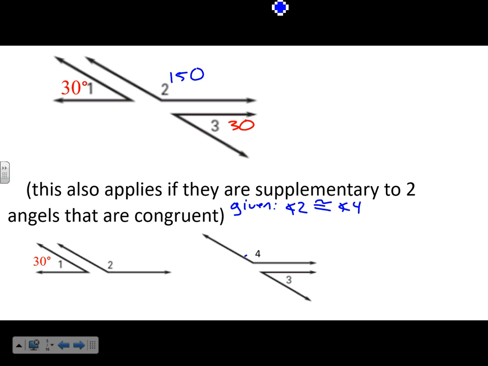So this angle and this angle are congruent. If angle 1 is 30, that means angle 2 has to be 150. Well, I told you that 2 and 4 are congruent, so that means this has to be 150. Then again, if 4 and 3 are supplementary, that means that 3 has to be 30 degrees, because that's the only thing that you could add to 150 to get 180. So if that second part is a little bit confusing, don't worry, we're definitely going to use the other parts a lot more.